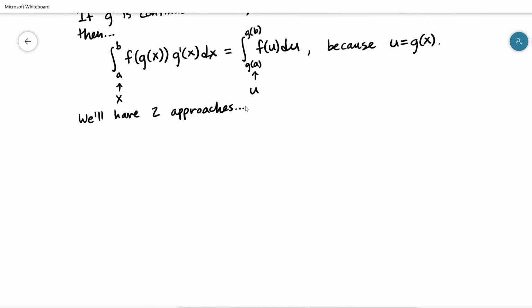I want to compute the integral from 0 to 2 of 1 over 2x plus 1 dx. So what should our U substitution be? Let me give you a minute to think about it for this particular case.